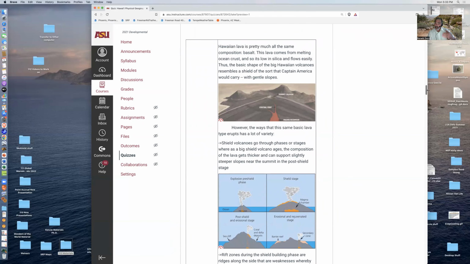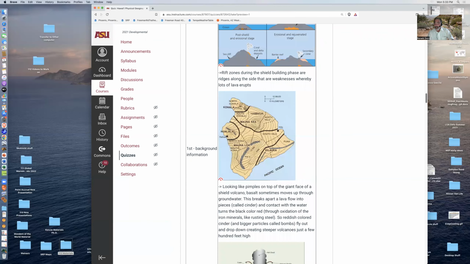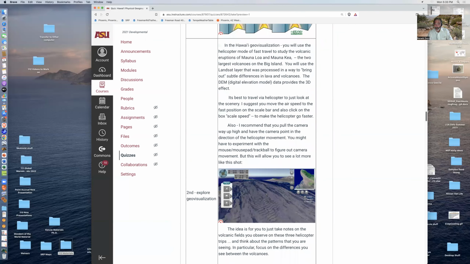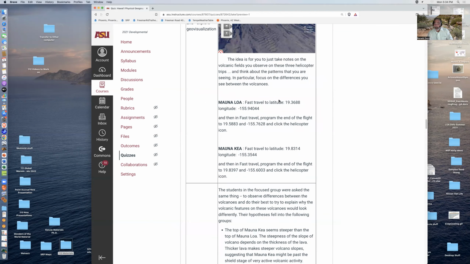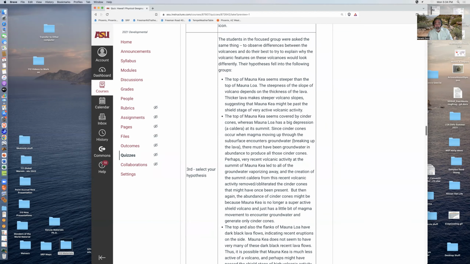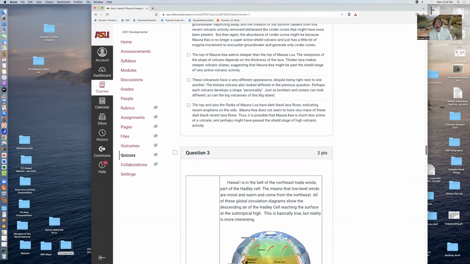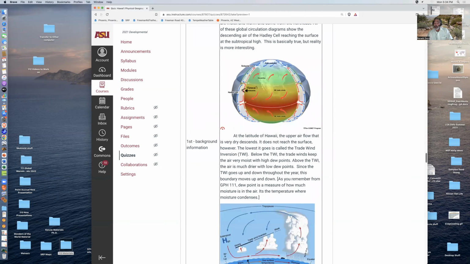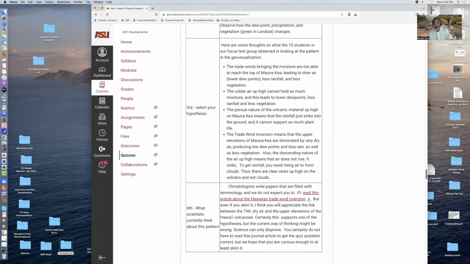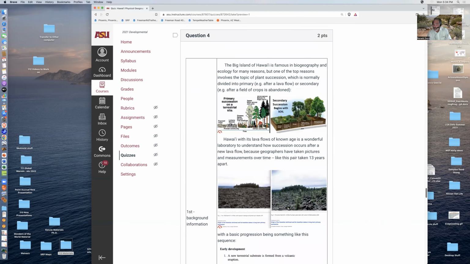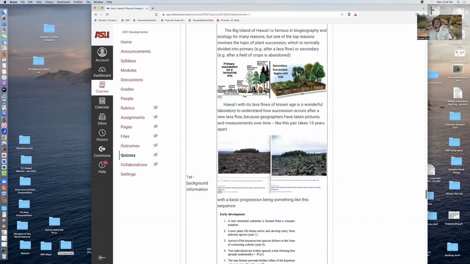So there's a question about Kohala, a question about volcano types, where you flip and fly over Mauna Loa and Mauna Kea. There's a question about dew points that you see, and a question about something called plant succession, which is plants growing on a fresh lava flow.